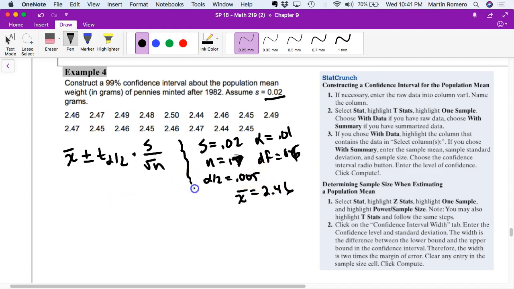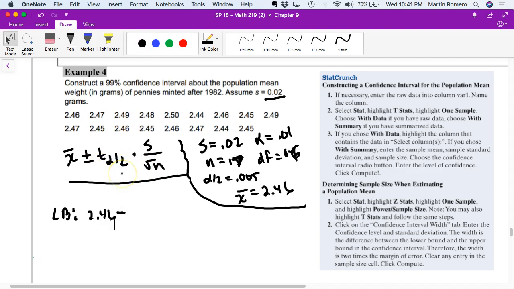Now with all of these values in hand, equation in hand, we can go ahead and calculate upper bound and lower bound. The lower bound is going to be 2.46 minus T alpha over 2. Oh, no, we need that value here, so let's do that on the side, the critical value.